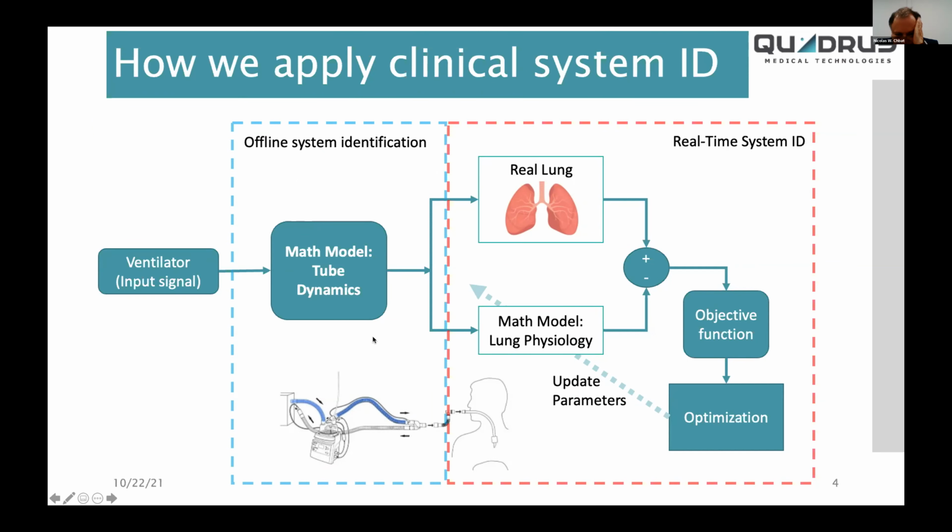And in an offline scenario, the tubes that connect the ventilator to the patient are pretty much constant across all patients, so those dynamics can be captured offline and just used in the whole scheme of things.